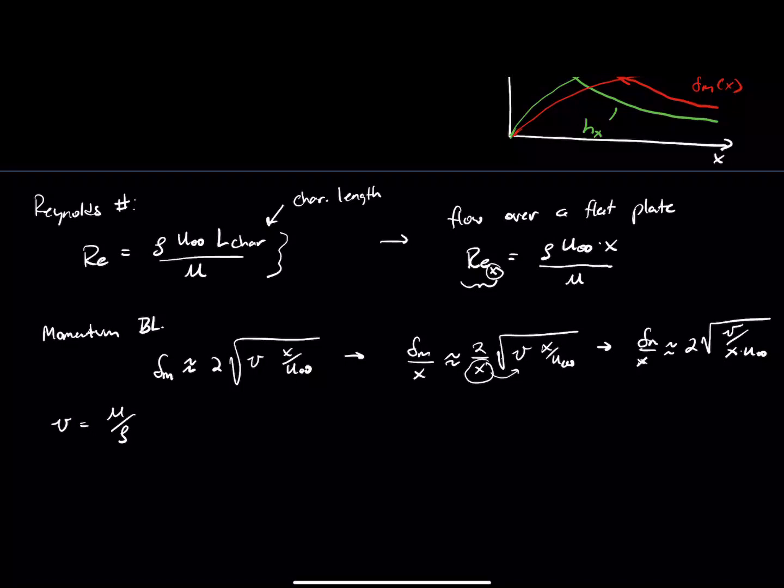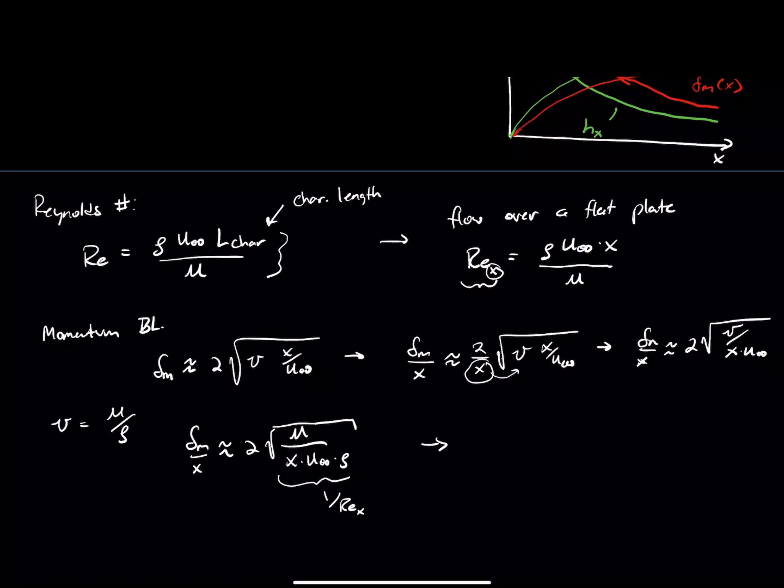So we can substitute that in, and then we get delta_m over x approximately equal to 2 square root of mu over x times u infinity times rho. So this quantity here is 1 over the Reynolds number, in terms of x.